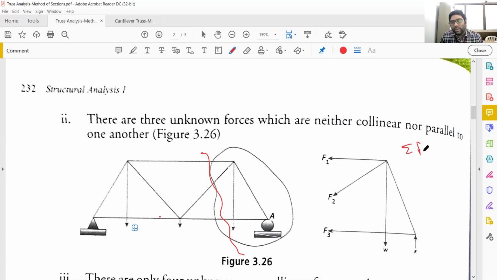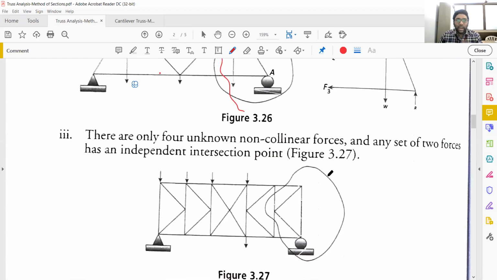Now we can apply sigma Fx equals 0, sigma Fy equals 0. The cut section should happen only at those junctions where there are so many members. While solving the problem, you will understand it in a better way.